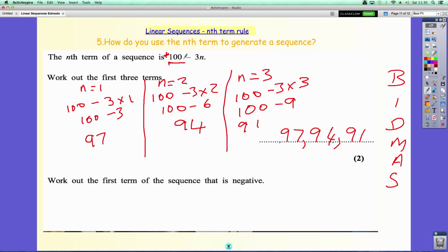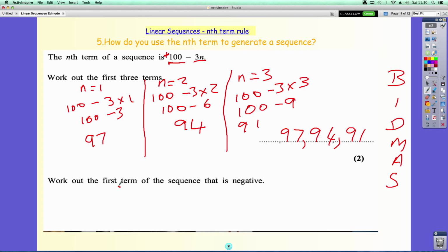Because it's minus 3n, I'm going to start thinking about the 3n portion first and think how many 3n's would I subtract to get to my least positive value. So what that means is how many 3's can I get into the 100. That's the first thing I'm going to say.